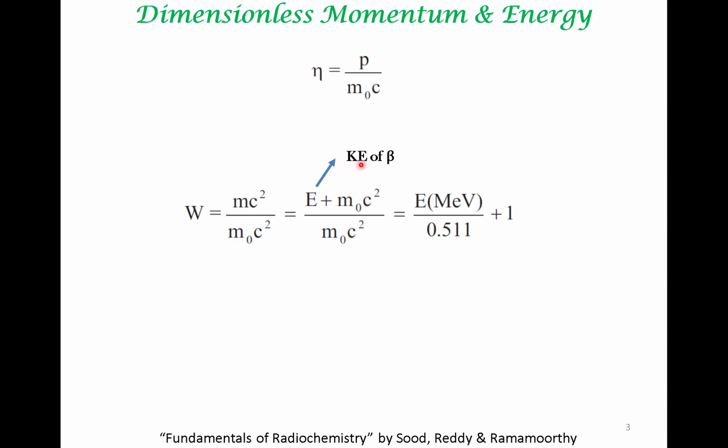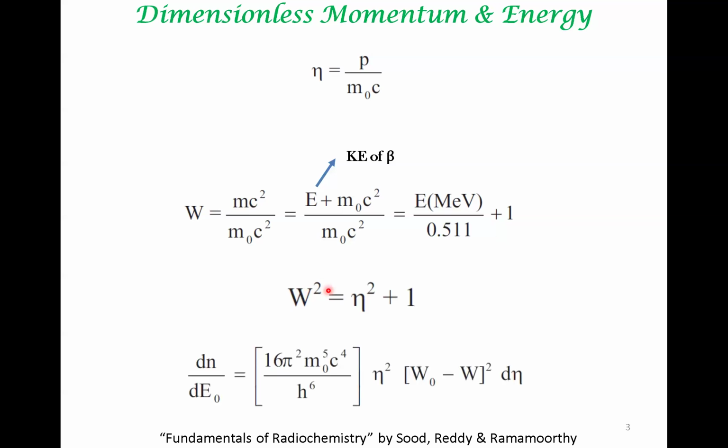The velocity of beta particles is rather high, close to that of the speed of light. So there is a substantial difference between its actual mass and the rest mass. So this can be simplified into this. These two can be related via this dimensionless relationship.